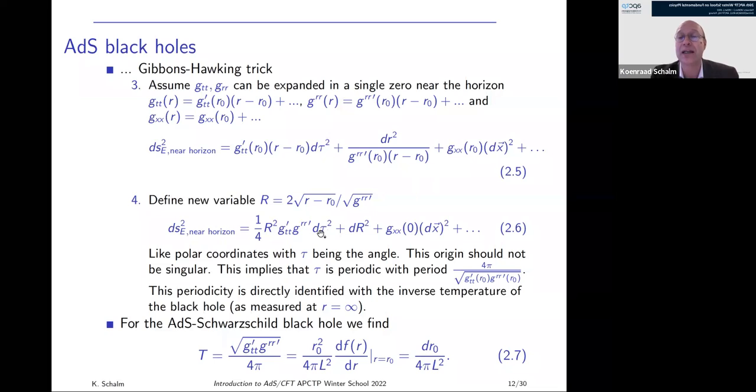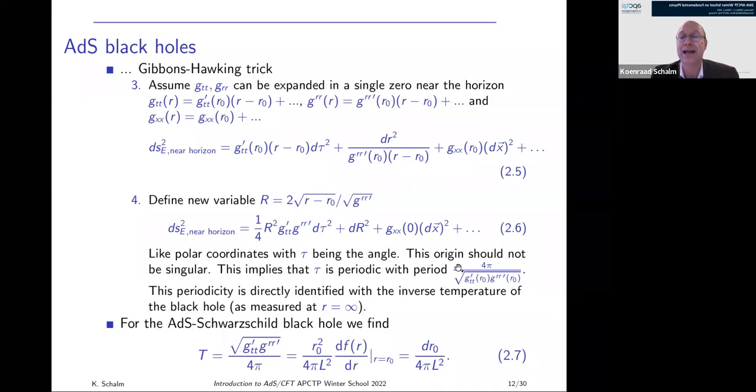That means that tau must be a proper angle, with periodicity 2π. Well, tau times this combination, 1/4 g_tt' g^rr', is the combination that should have a periodicity 2π. And so that is what you insist.